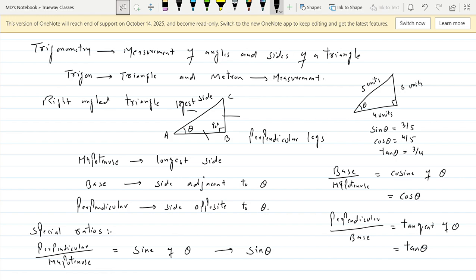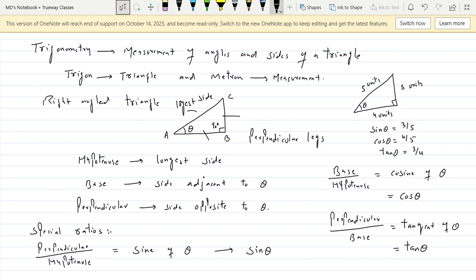So that is how we introduce trigonometry, the basic definitions and terminologies we need to understand. Trigonometry helps us find heights and distances that cannot be measured directly using a measuring tape or other device, like the height of a tree, the height of a building, the height of a mountain.